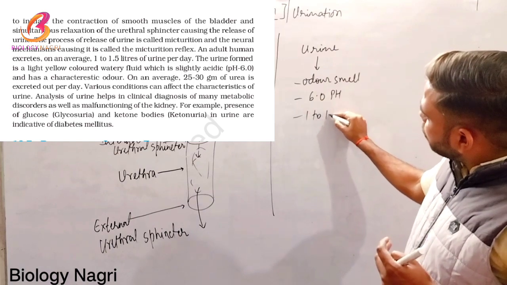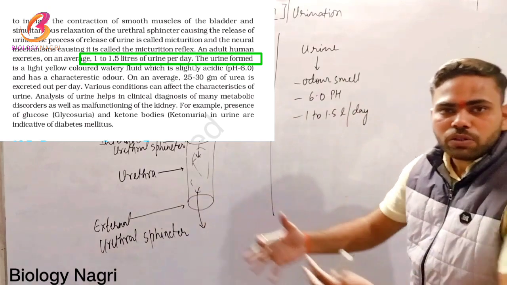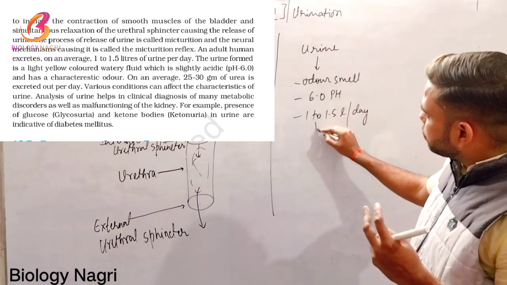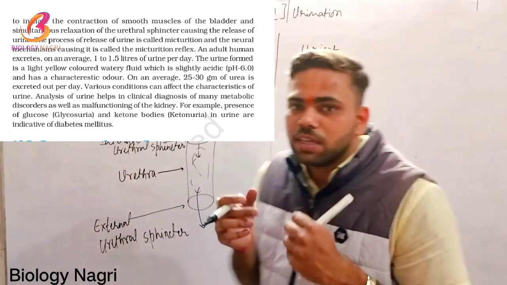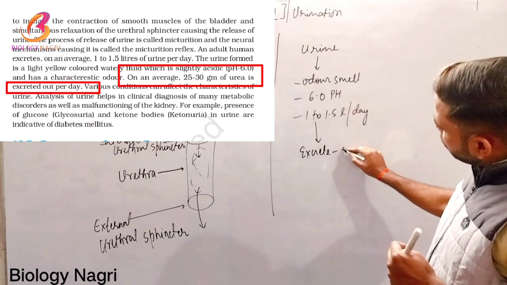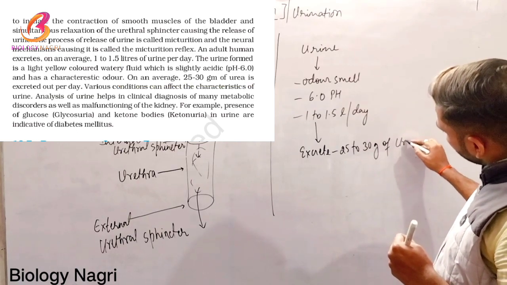Basically 1 to 1.5 liters of urine is expelled from the body per day, and this helps us to excrete 25 to 30 grams of urea from the body.